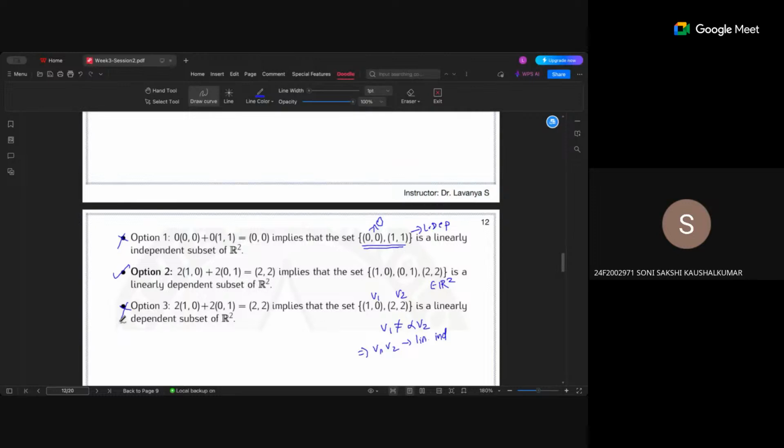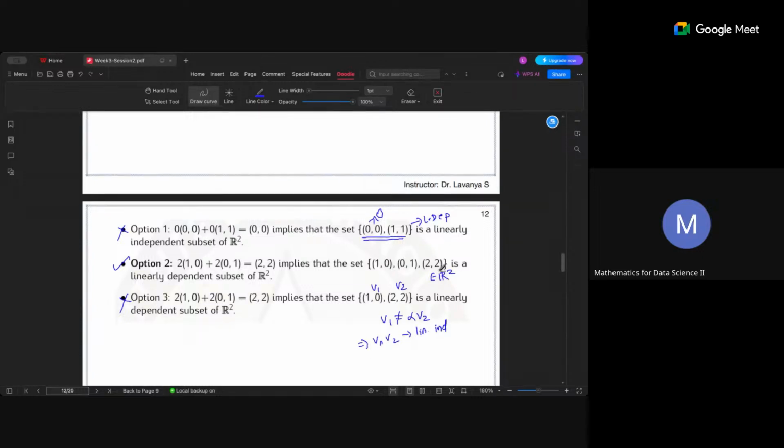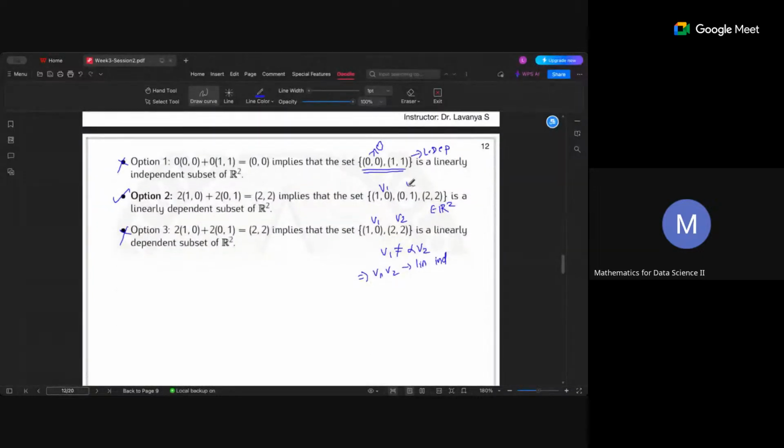Please explain option 2 again. Option 2, here you see that there are three vectors. This is v1, this is v2, and this is v3. And v3 is a linear combination of v1 and v2. So you can say linearly dependent. But even without this, you know that this set is linearly dependent, because any set of vectors which contains three or more vectors in R2 is linearly dependent.